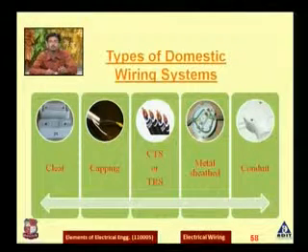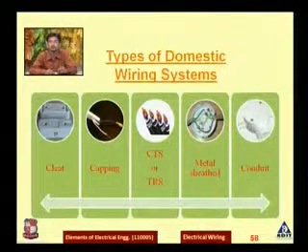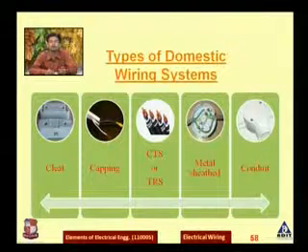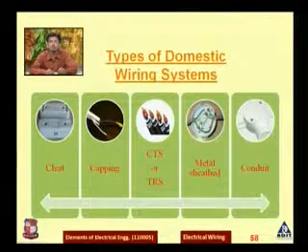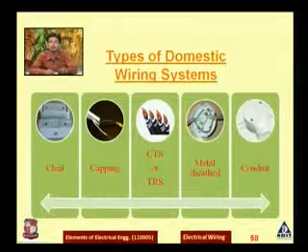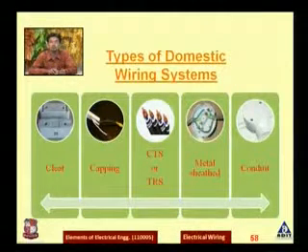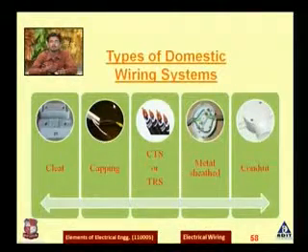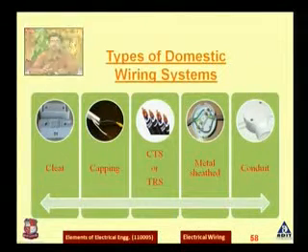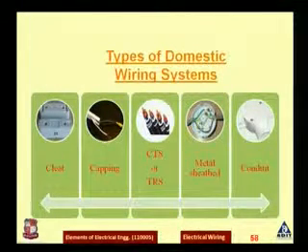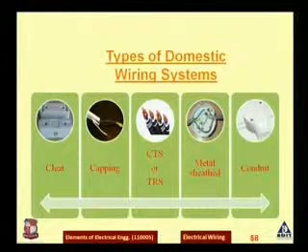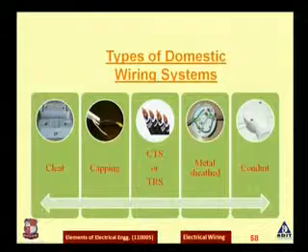The second one is the capping wiring system. It is also a part of the domestic wiring system. The capping wiring system is, as you can see over here, where the wires are covered with the capping. The third one is the CTS and the metal sheathed system. So we will see one by one in detail.